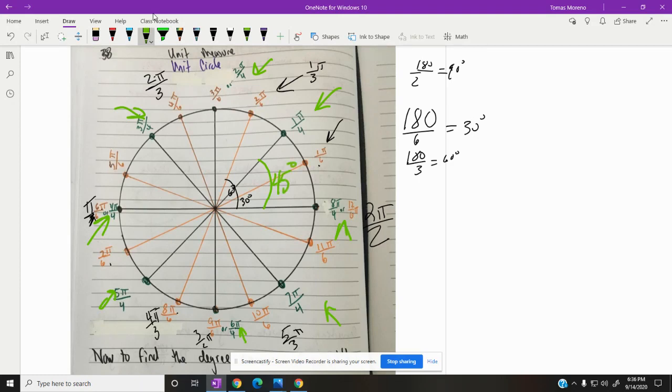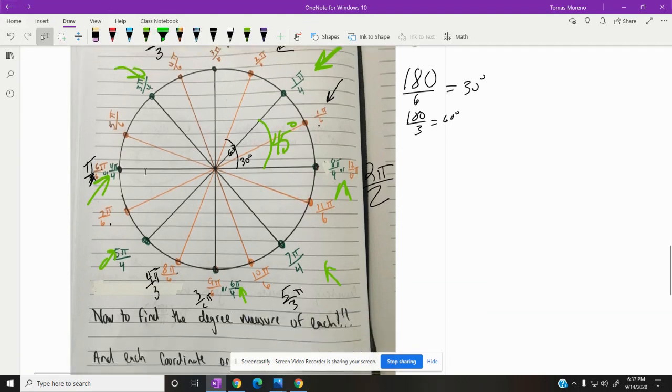So when you're dealing with the 45s, the 90s, the 135s, you know that you're dealing with these green ones right here. Okay. Dealing with the 30s, the 60s, the let's see, what would be that, 120, 150, that would be these orange ones, right? So I just kind of want to go over that because later on, these are going to help you, especially with calculus. So it's good to know.